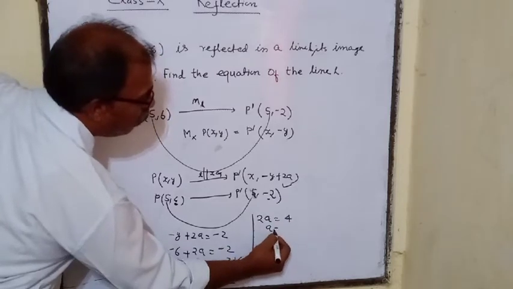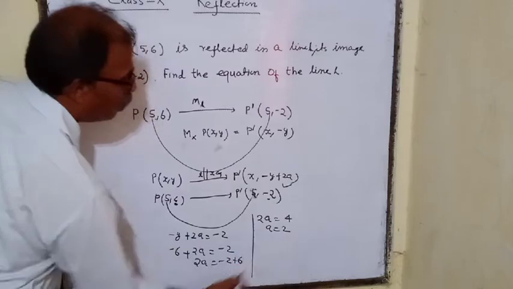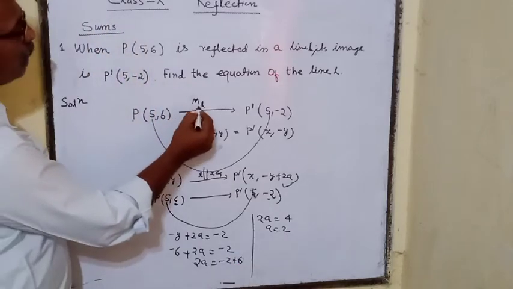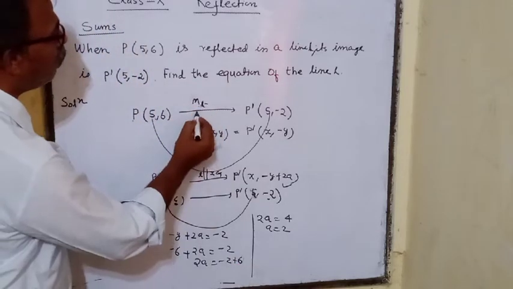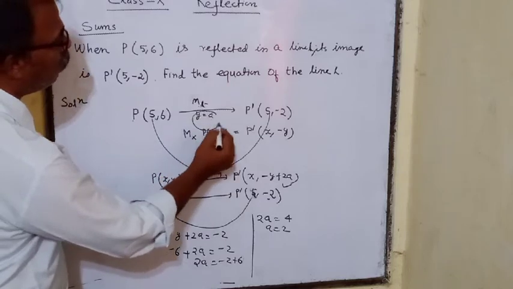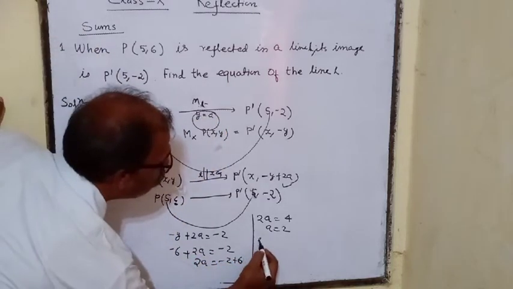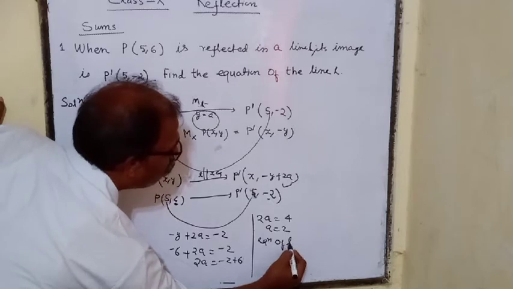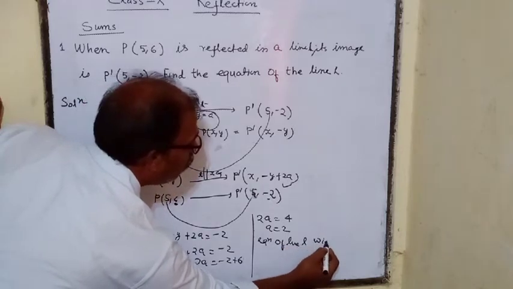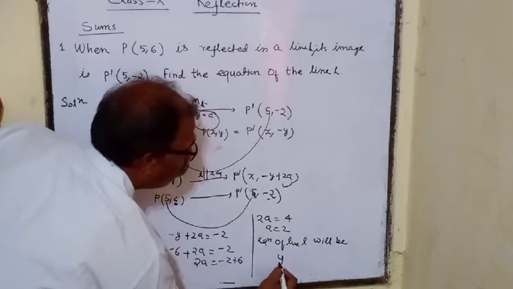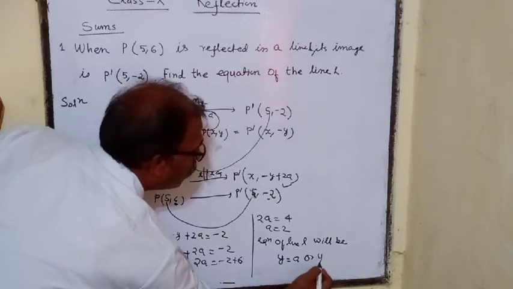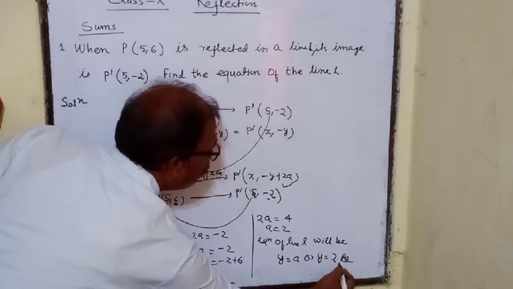So value of a will be 2. Since this line is parallel to x-axis, its equation will be y is equal to a. So equation of line L will be y is equal to a or y is equal to 2, and this will be your answer.